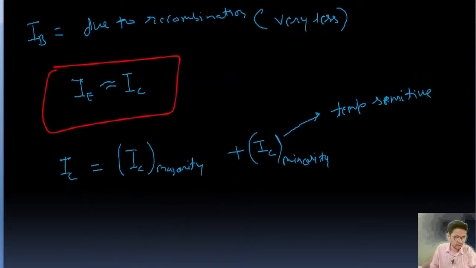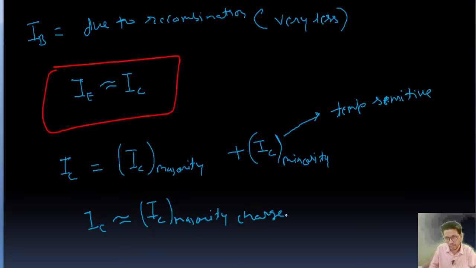Next, we can write that because this is very less, IC is almost equal to IC because of majority charge carriers. So that is almost equal to this because of majority charge carriers.